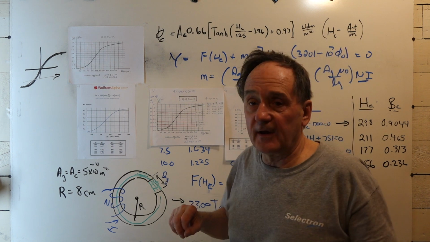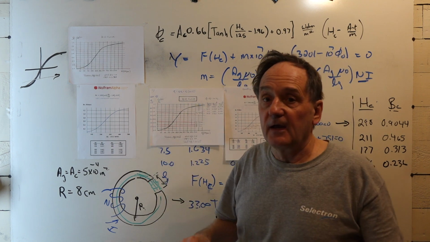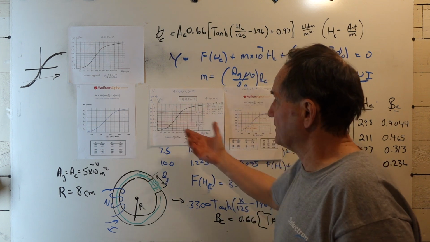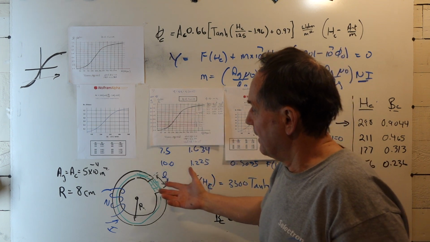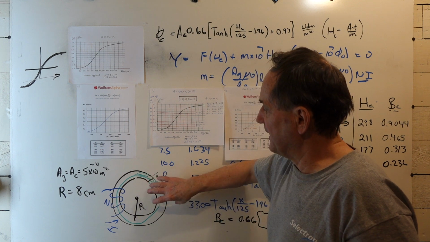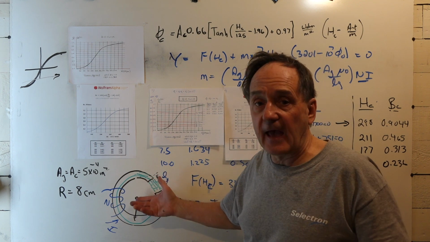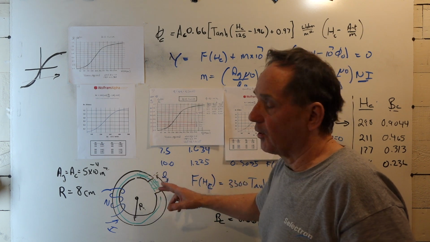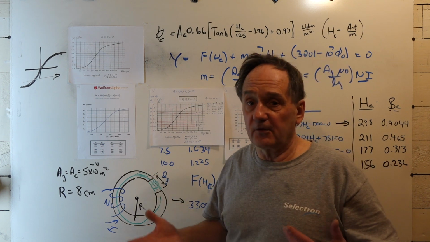And then the other way is using the BH curve and solving it iteratively, taking a guess at how much of the ampere turns are allocated to the core and how many are allocated to the gap, and then compute the flux both in the core and the gap and compare them. If they're the same, you're done.